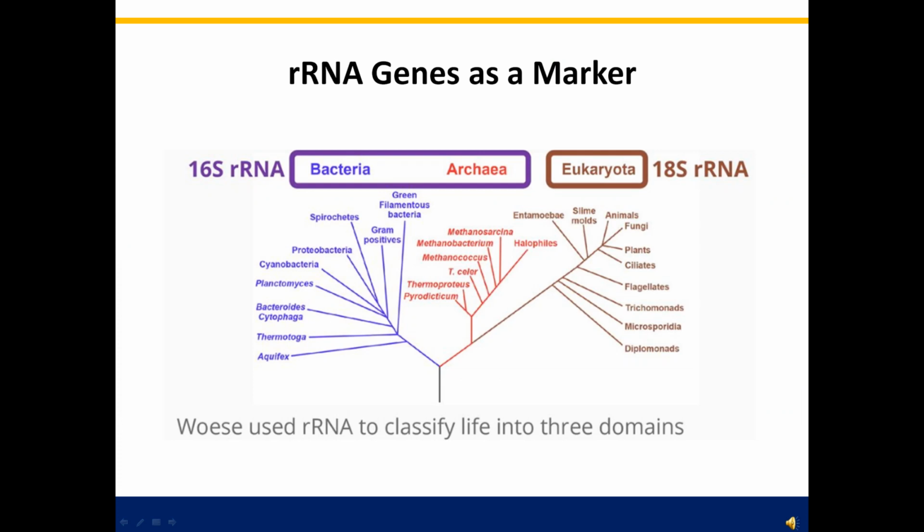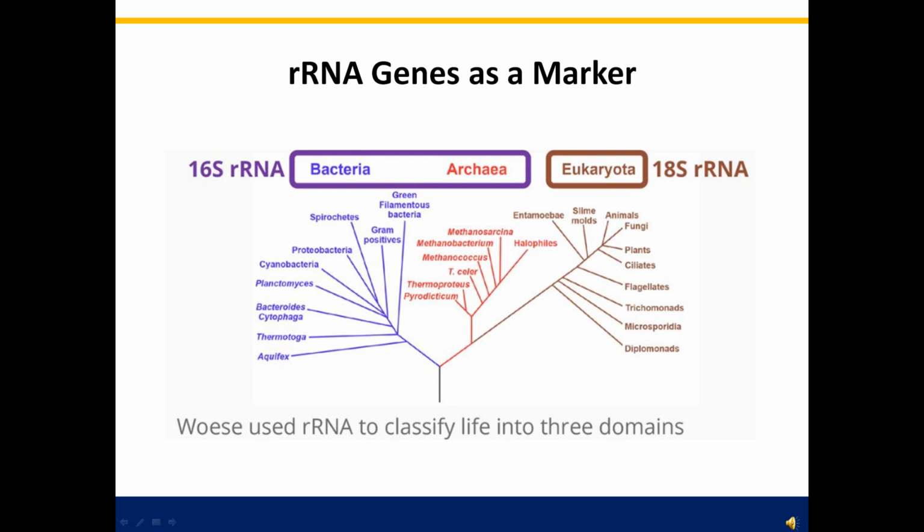So here we are going to talk about the rRNA gene as a marker. We have discussed that 16S rRNA is seen in prokaryotes and 18S rRNA is seen in eukaryotes. These are the three domains of life forms, which have been classified into bacteria, archaea and eukaryota.